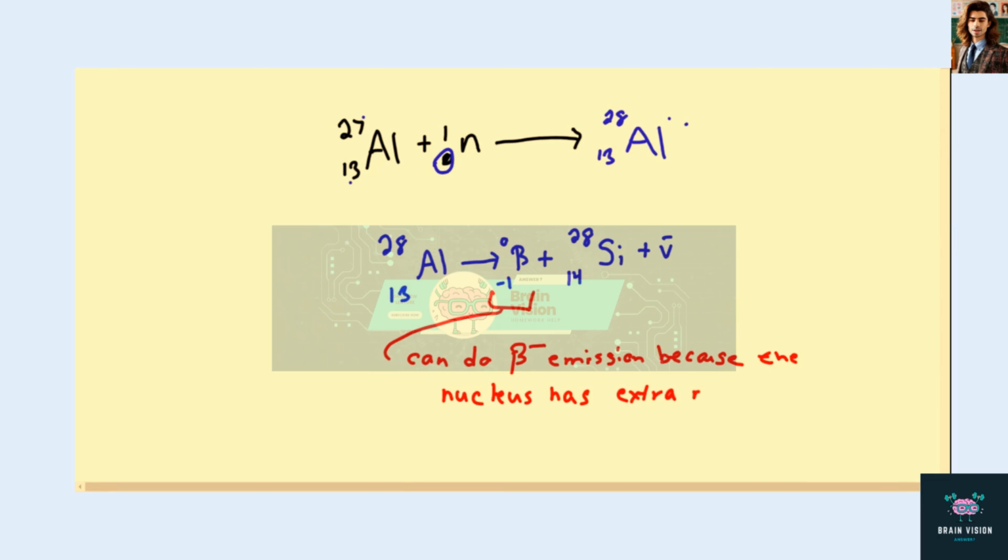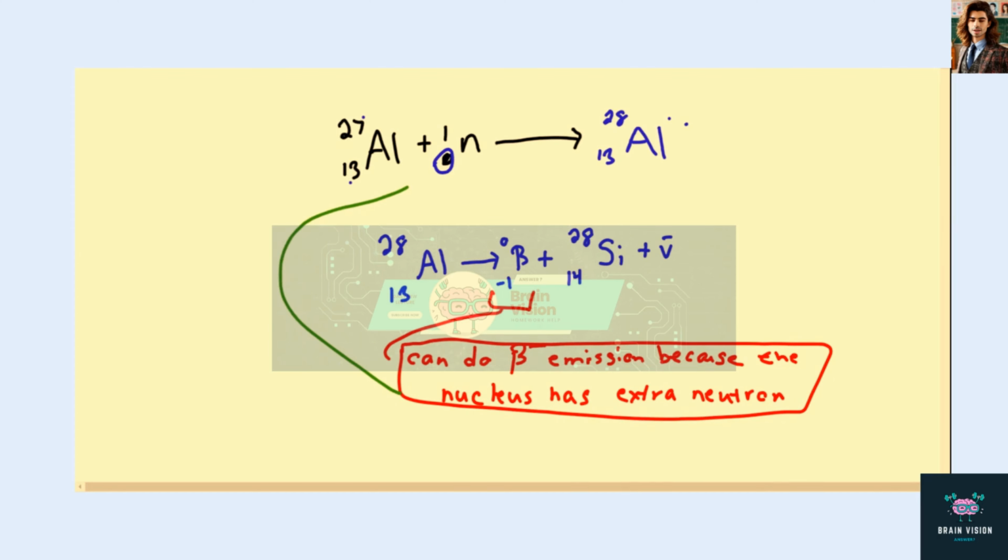And that's through the neutron absorption, okay? That is because of, and let me do a little zoom here, that's because of this right here, okay? And it's talking about this. So then we can do the beta negative, and we get this answer right here.